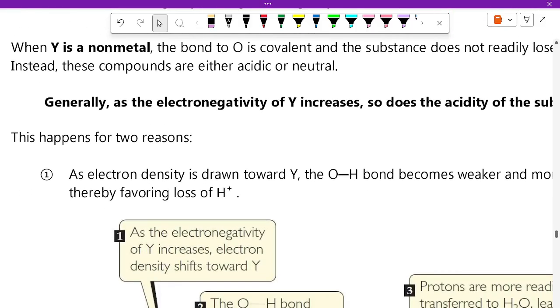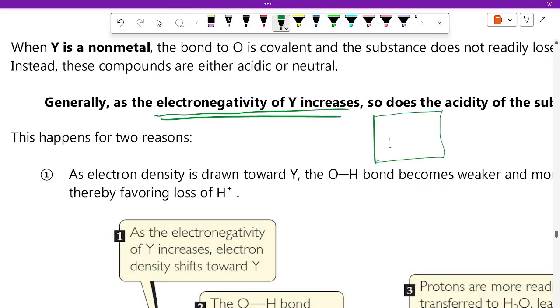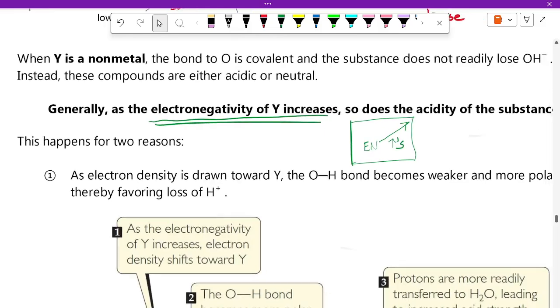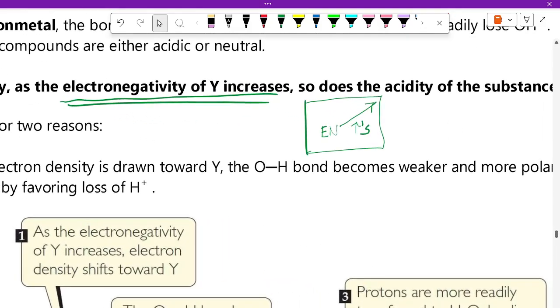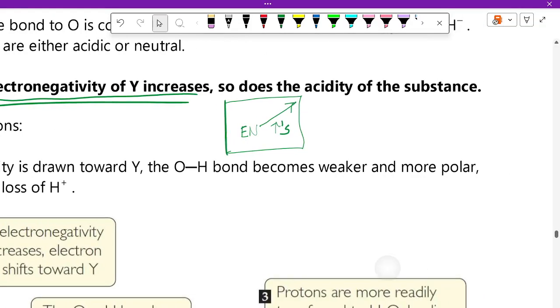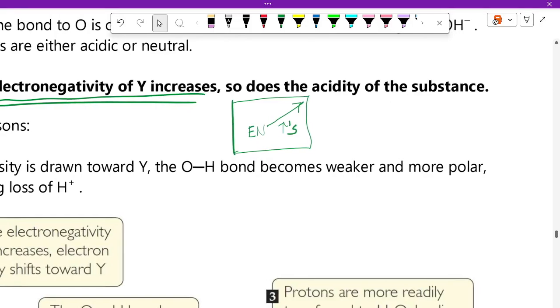So generally, as the electronegativity of Y increases, and if you remember, electronegativity increases as we go up and to the right on the periodic table, yes? As the electronegativity of the element to which the oxygen is attached increases, so does the acidity of the substance.